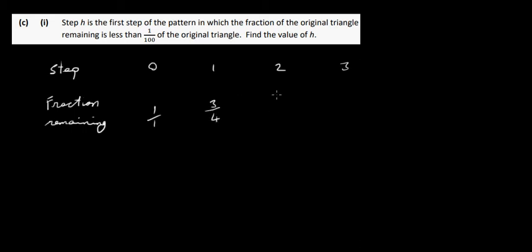I'll write the steps here, and the fraction remaining here. So we have step 0, step 1, step 2, step 3. Step 0, well, the fraction remaining was just 1 over 1, if you like. Now there was 3/4 remaining after step 1. There was 9 over 16 remaining here, 27 over 64 here.